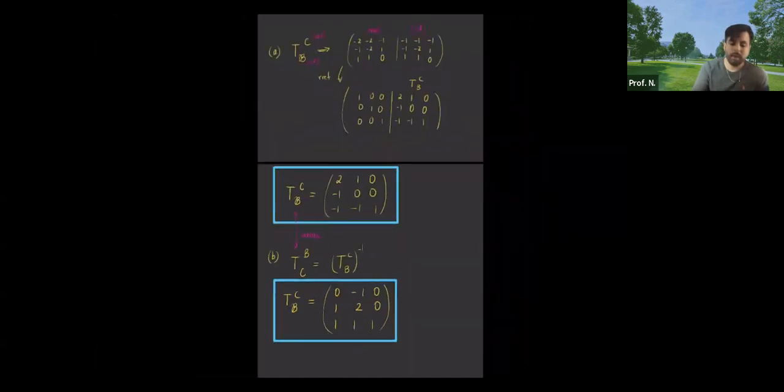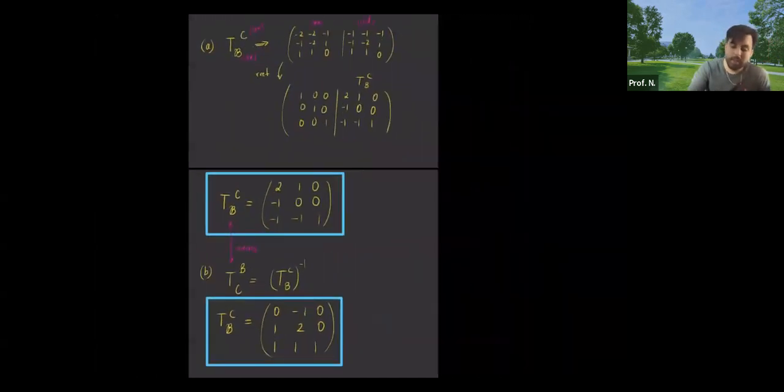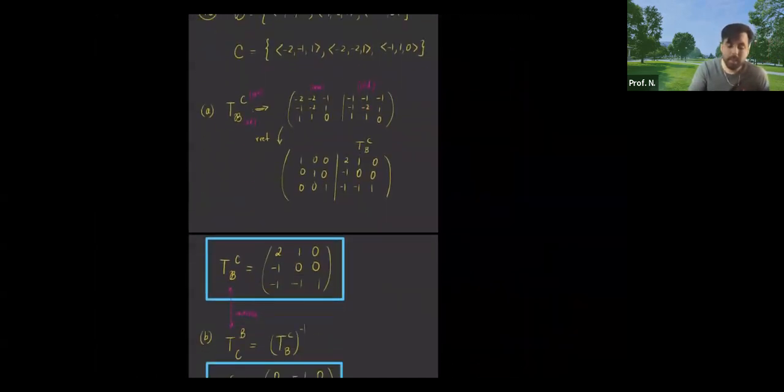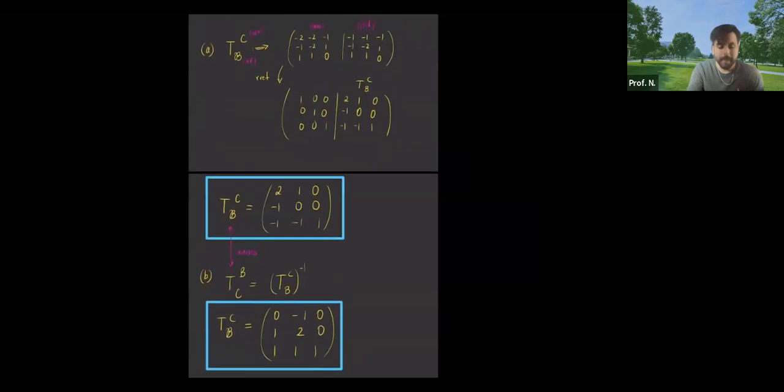So the key to this problem is understanding the procedure for going from one basis to another. That entails creating an augmented matrix where the left side are columns of the new basis that you're going into, and on the right are columns of the old basis vectors.